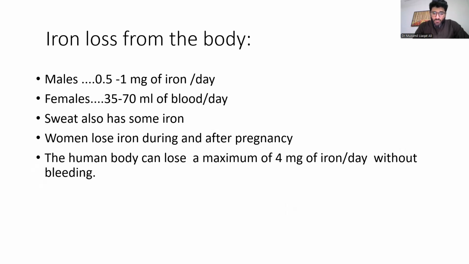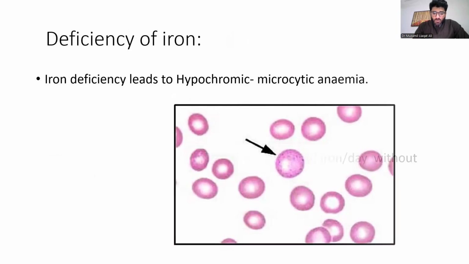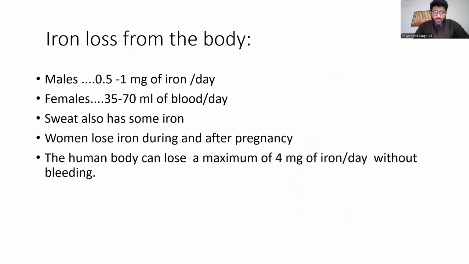Sweating is another mode that contains some iron. Women lose iron during and after pregnancy, with approximately 1 gram of iron lost during one delivery. The human body can lose a maximum of 4 milligrams of iron per day without bleeding.